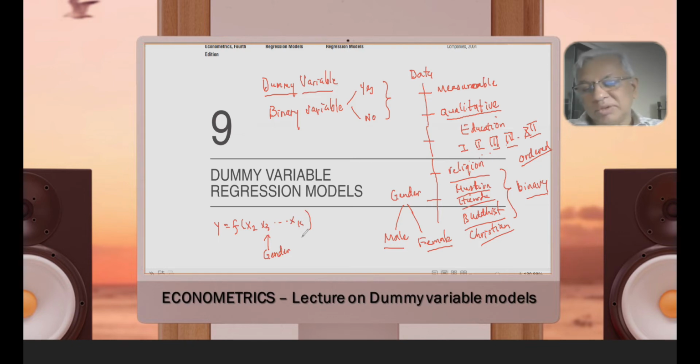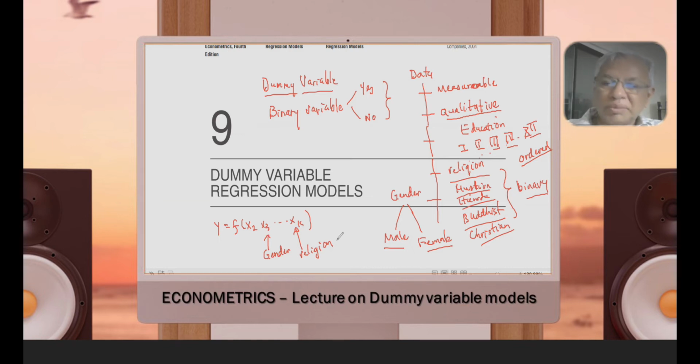Similarly, religion could also explain the purchasing behavior of individuals. If you are a Muslim, you expect certain products, demand for certain products.